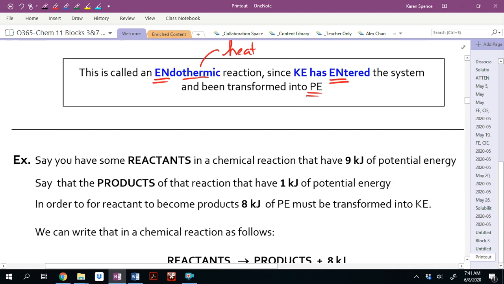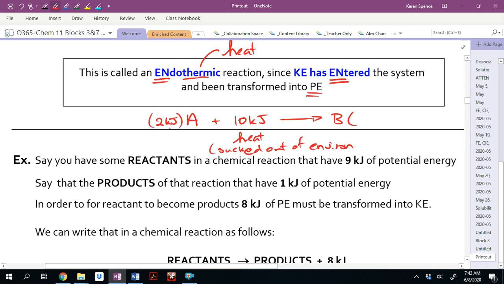And remember what that looks like in a reaction. That would be like if I had A and I added 10 kilojoules of heat. Remember, this is sucked out of the environment. And that then gives us B. And remember, if A had 2 kilojoules of potential energy, B now has 12 kilojoules of potential energy.